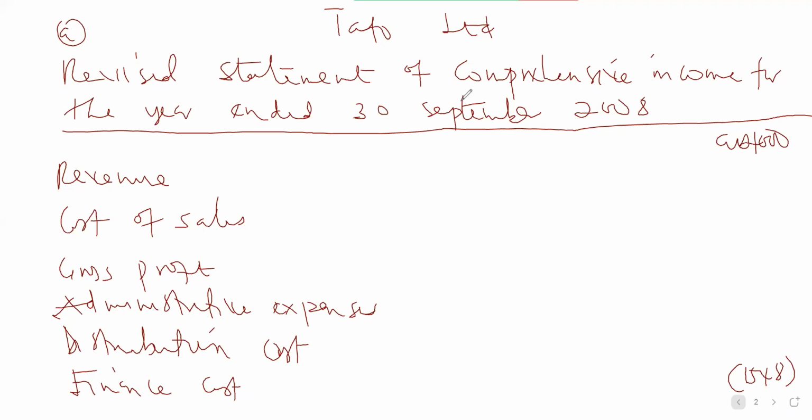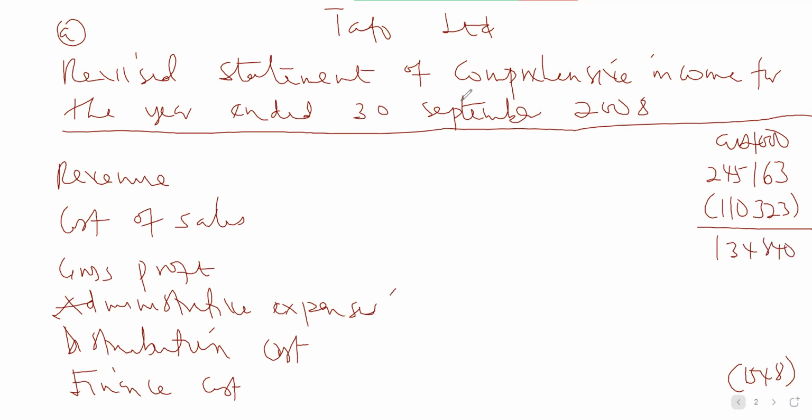The revenue in the question is what? Nothing is going to happen to the revenue. So we have 245,163. Cost of sales will not be affected. So we have 110,323. Okay, gross profit, nothing is going to happen. Will be 134,840.